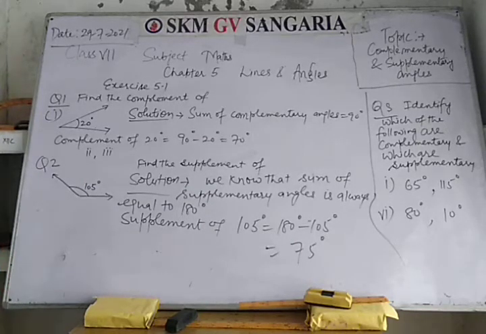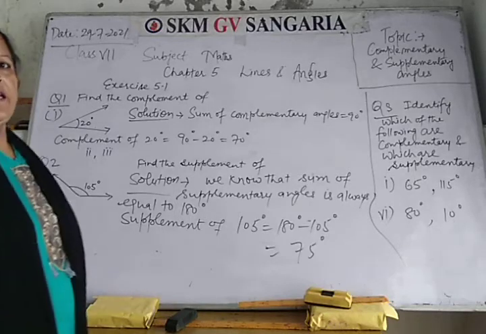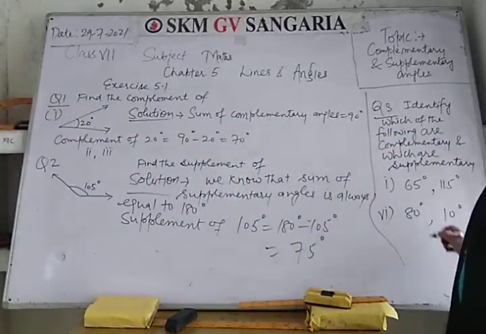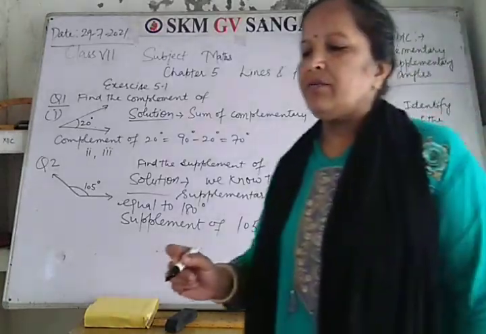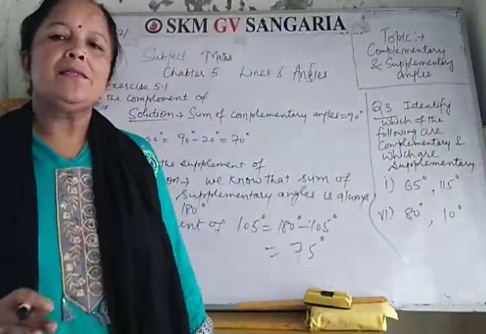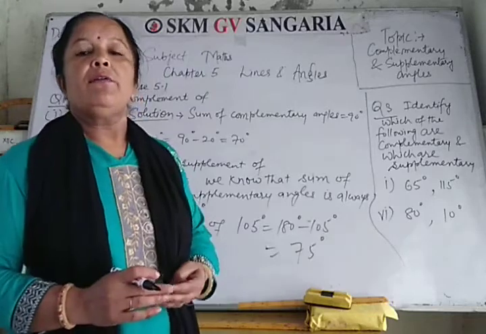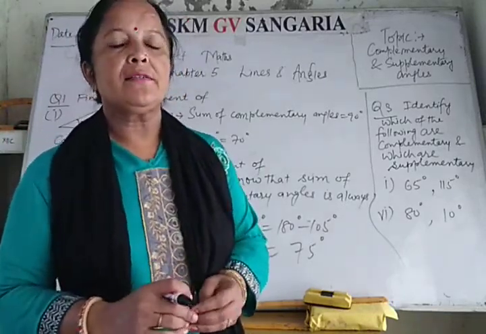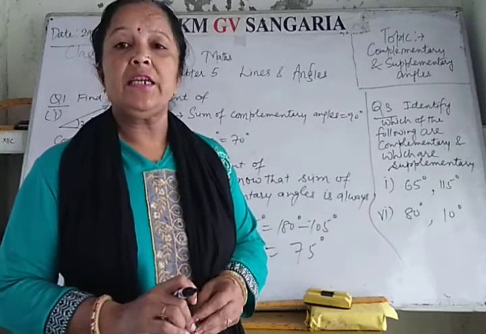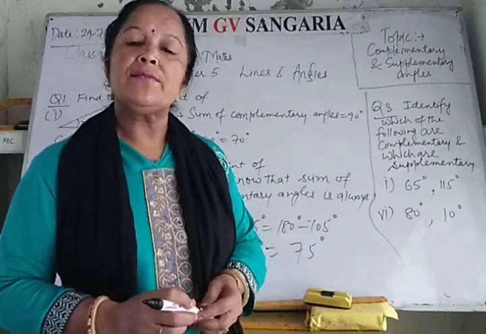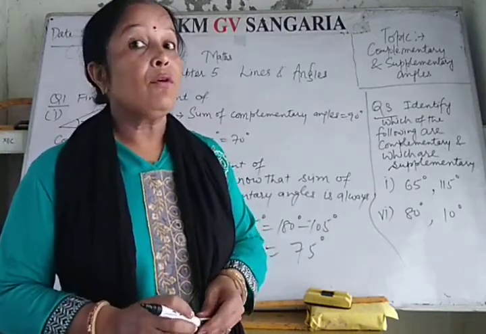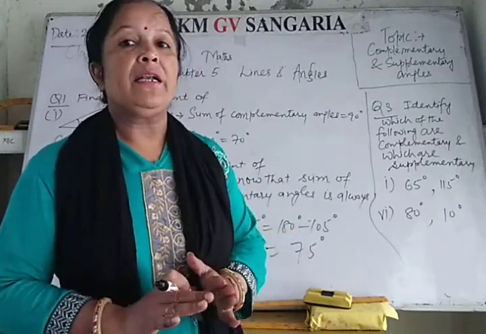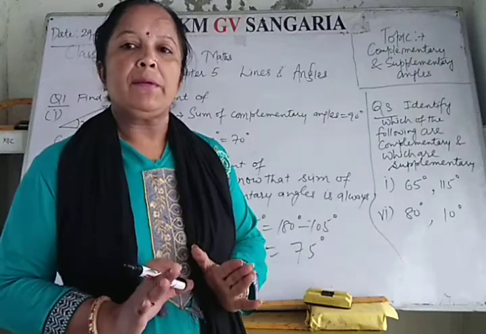Then there is question number 3. Identify which of the following are complementary and which are supplementary. Students, you are given a pair of angles and you will find the sum of both of the angles. If the sum of both angles is 90 degree, the pair of angles will be called complementary angles, not supplementary.